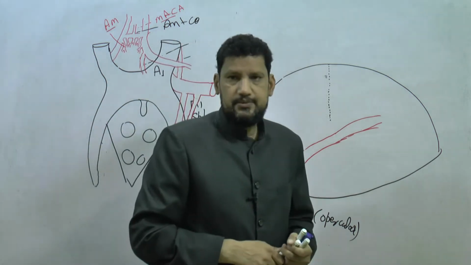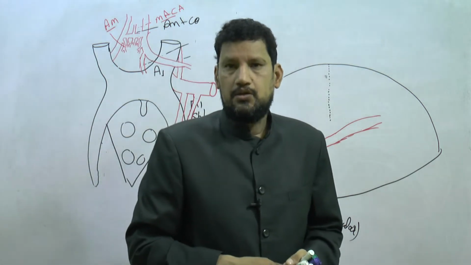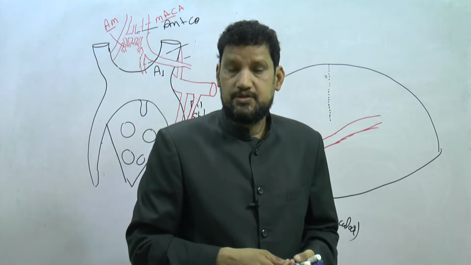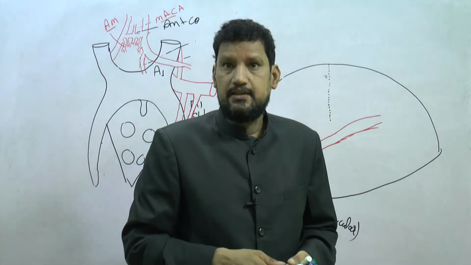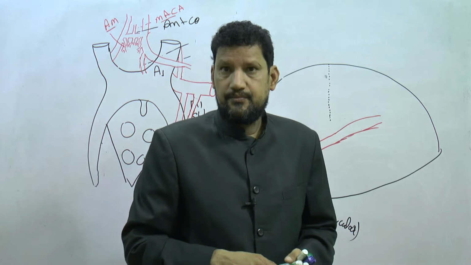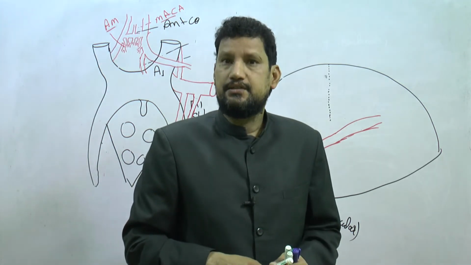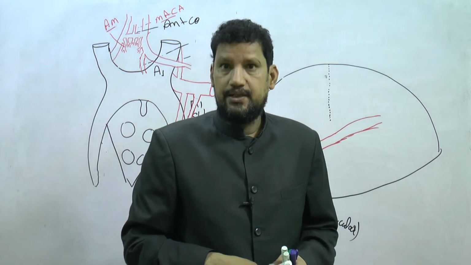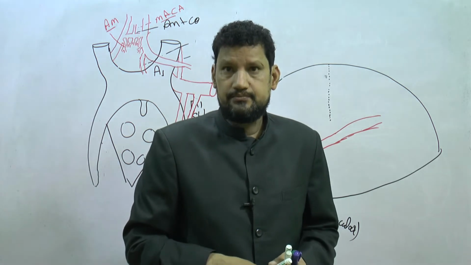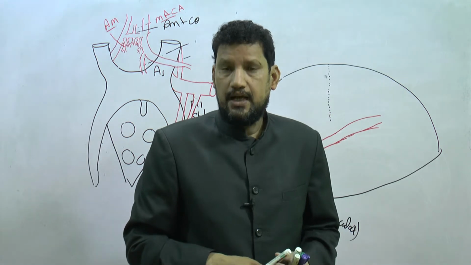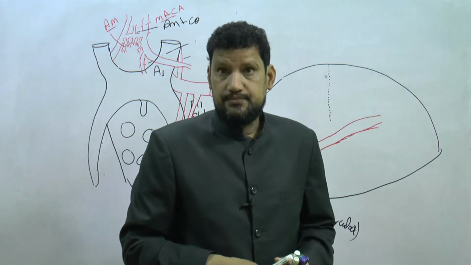This artery is responsible for supply to the caudate nucleus, the lentiform nucleus which has globus pallidus and putamen, the genu and anterior limb of the internal capsule, claustrum, amygdaloid body and external capsule.